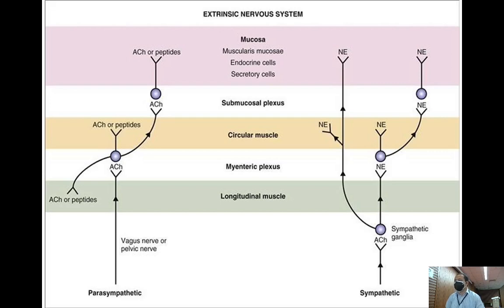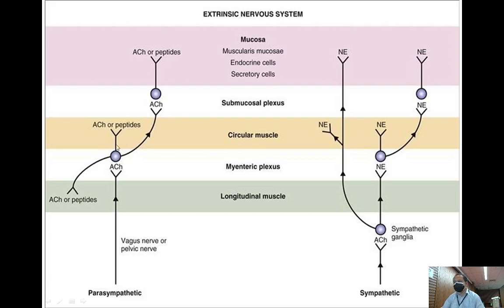Acetylcholine secreted from the submucosal plexus can affect this layer containing probably the muscularis mucosa, some smooth muscle activity.